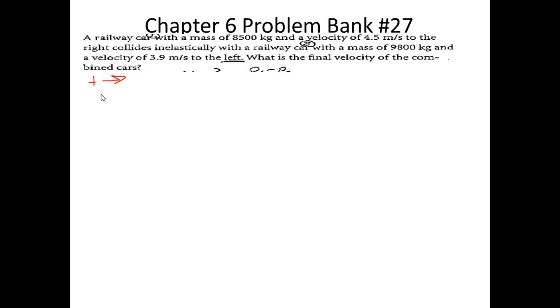And we are given that the mass of railway car number 1 is 8,500 kilograms. The mass of railway car number 2 is equal to 9,800 kilograms.